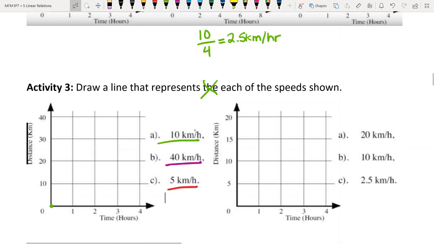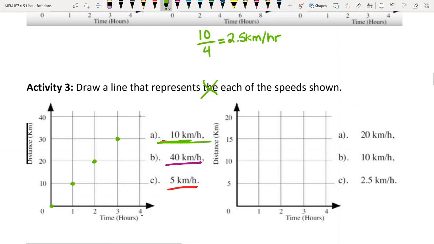Okay, so if I'm going to draw a speed that is 10 kilometers per hour, where would they be after 1 hour? They drove 10 kilometers in 1 hour, so at 1 hour they're going to be 10 kilometers away. At 2 hours, they're going to be 20 kilometers away. At 3 hours, 30 kilometers away.